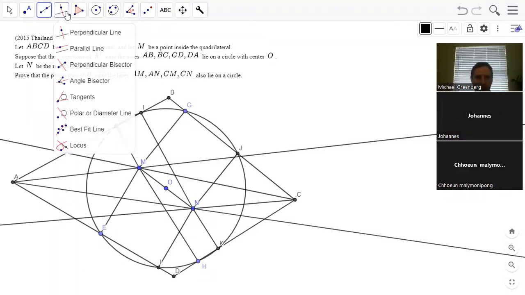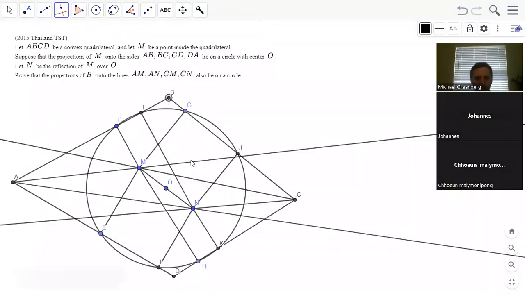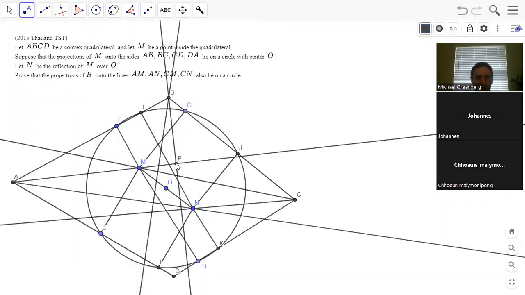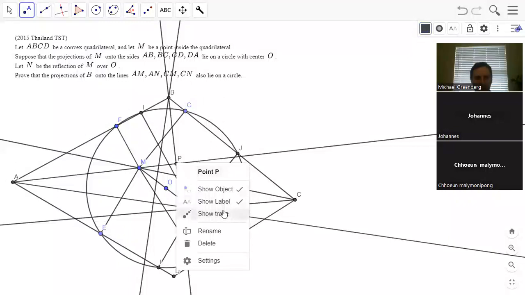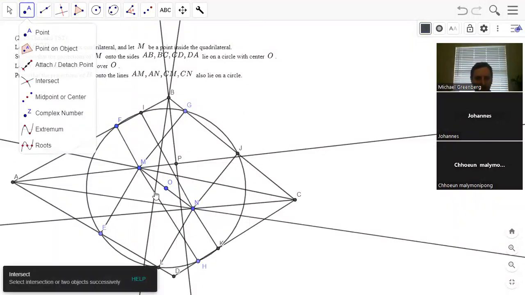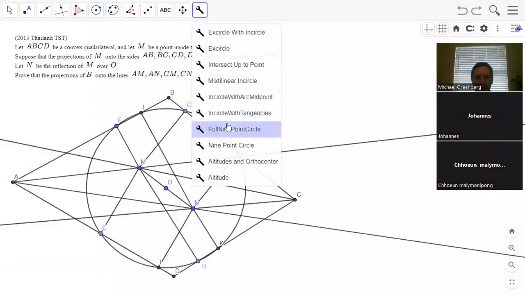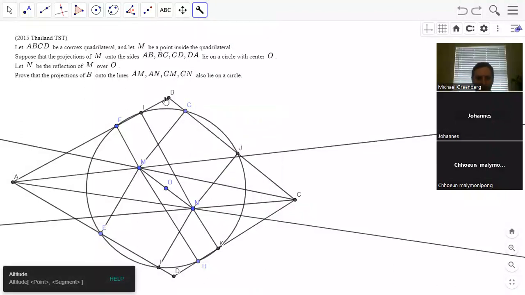Okay. And now I'll drop perpendiculars. So AM, AN. I'll call this P, Q, and S. You should make another GeoGebra tool for feet. Oh, I have that. Oh, okay, nice. Yeah, I should have used that. So altitude.